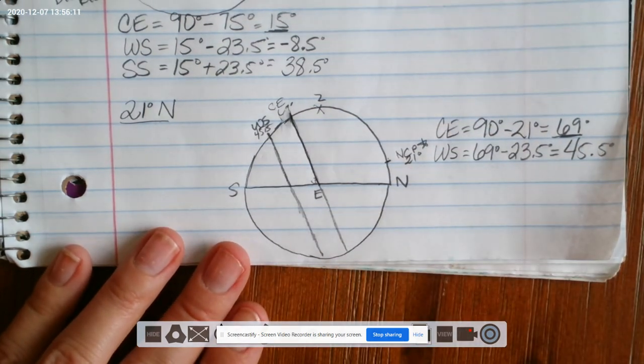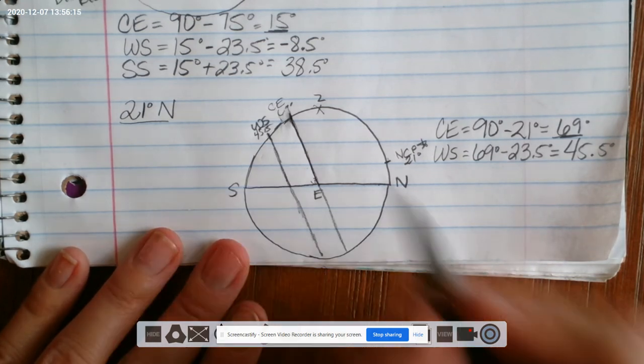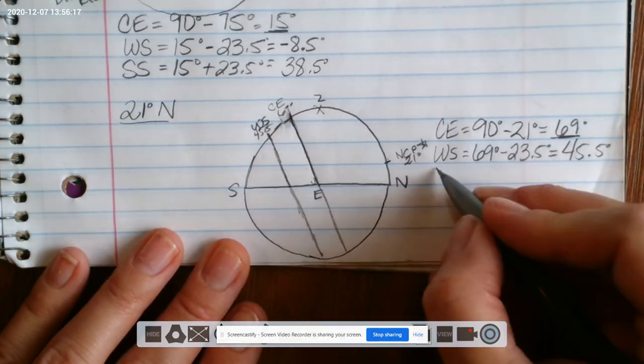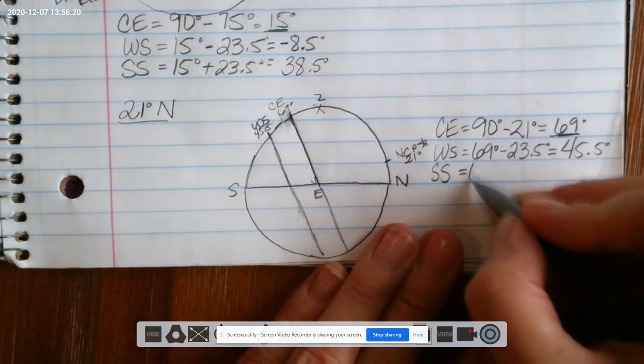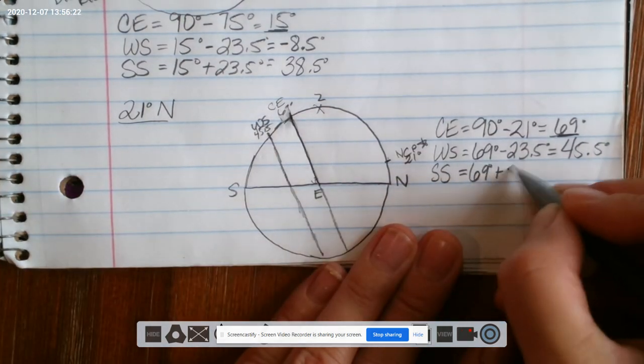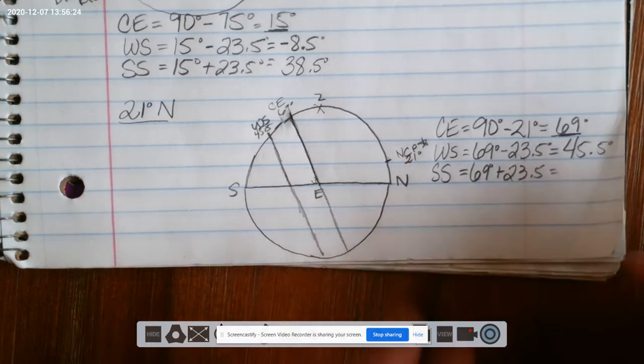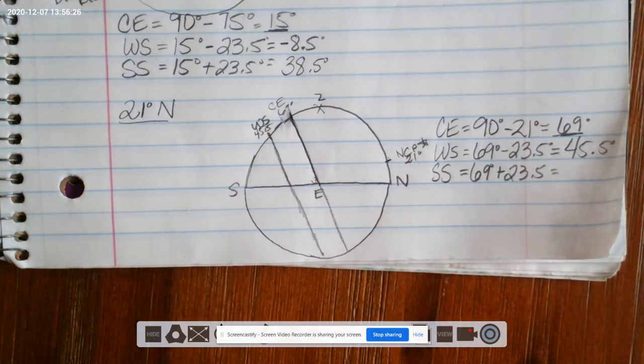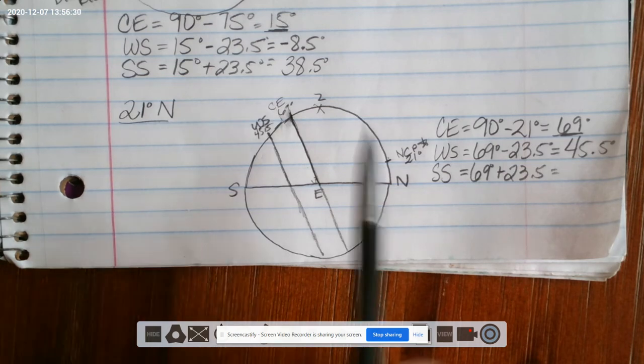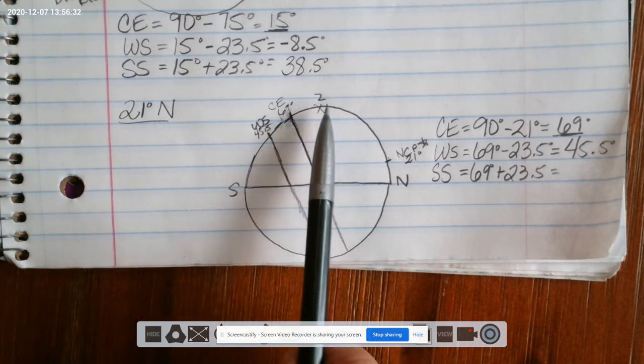Okay, so they're parallel to each other, and I need to do my summer solstice, 69 plus 23.5 degrees. So if you do that, you might note that we're going to get above 90. 90 is here. If we're going to get past 90, we're only going to get past 90 by a couple degrees.